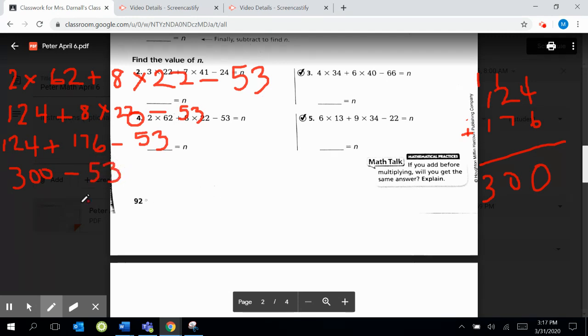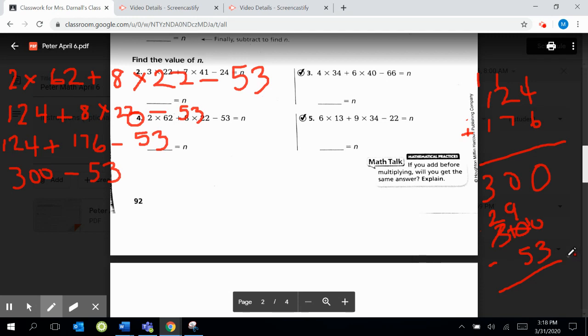And now we're going to do the last problem here. So it's 300 minus 53. Okay, and we can't borrow, can we? So we've got to come all the way over to here, and this becomes a 2. This becomes a 10, but then we borrow, so it becomes a 9.